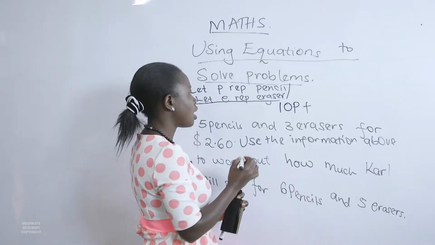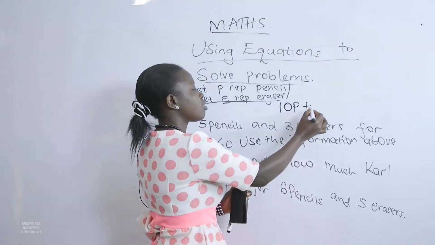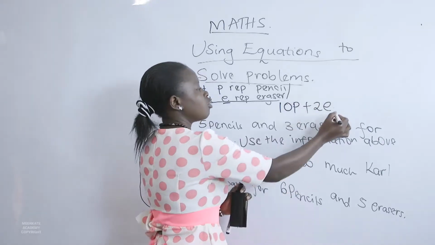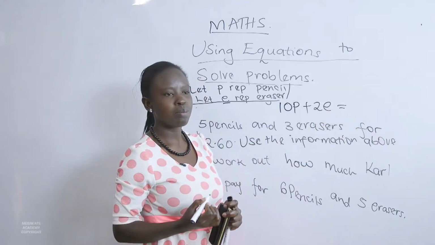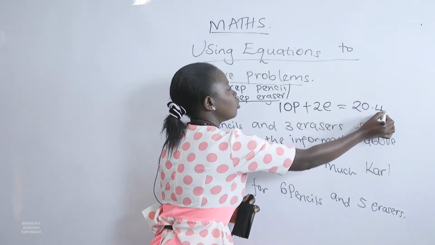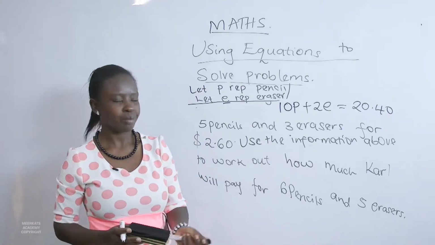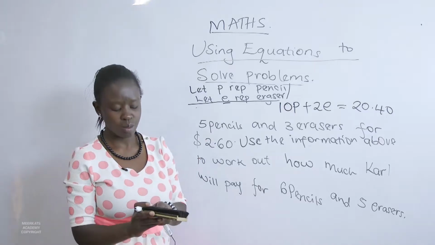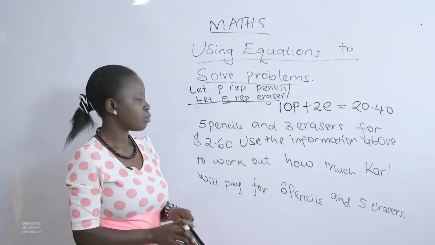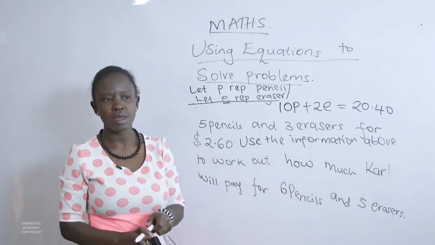The price of 1 eraser is E. So it means that the erasers were bought at 2 times E, which is 2E, for a price of $20.40. So this should amount to $20.40.